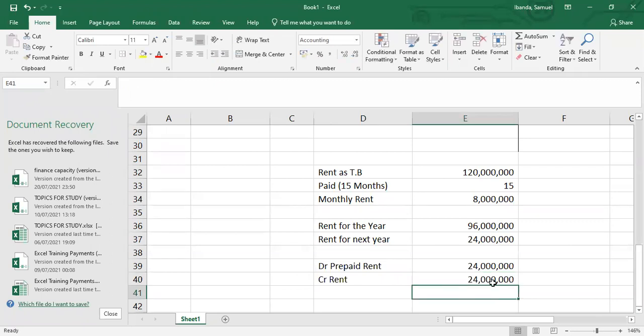24 million. The reason why we are crediting our rent with 24 million is because already they had recognized the whole amount under rent. So we are crediting our rent so that we can reduce it. And you remember what we said, when expenses are reducing, we credit them. So that is what we are doing basically.